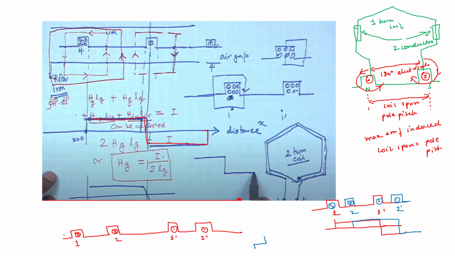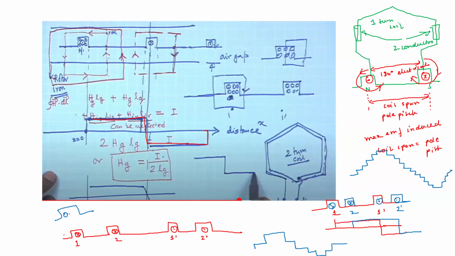Where only a single one is there, it is zero, something like this. So if you increase the number of steps, if you have more number of conductors, you will get multiple steps like this, right?